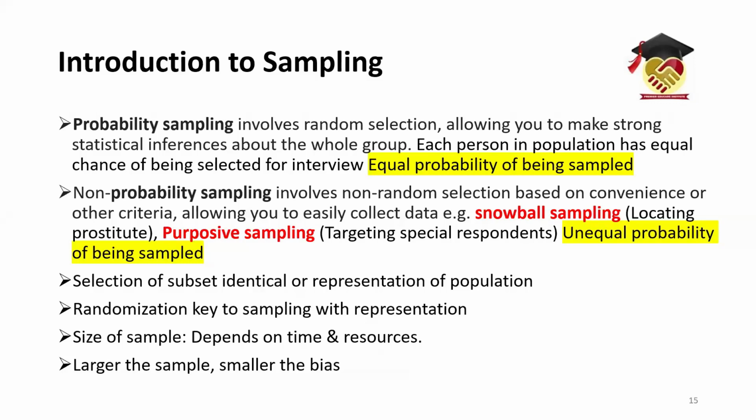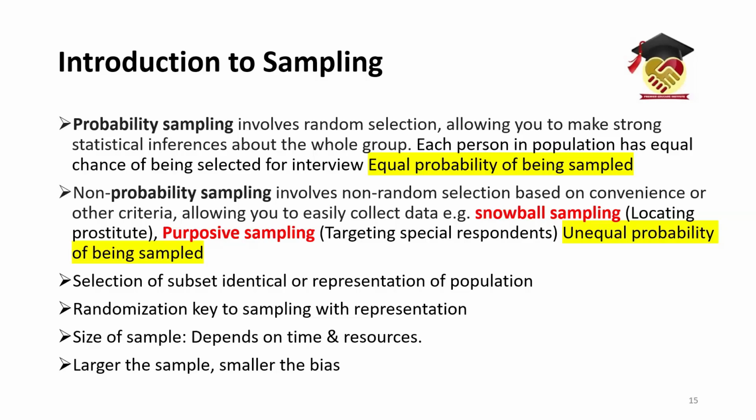Right. So, introduction to sampling. Sampling means just a part of your entire population. Probability sampling means each and every element has a non-zero and equal chance of being selected.